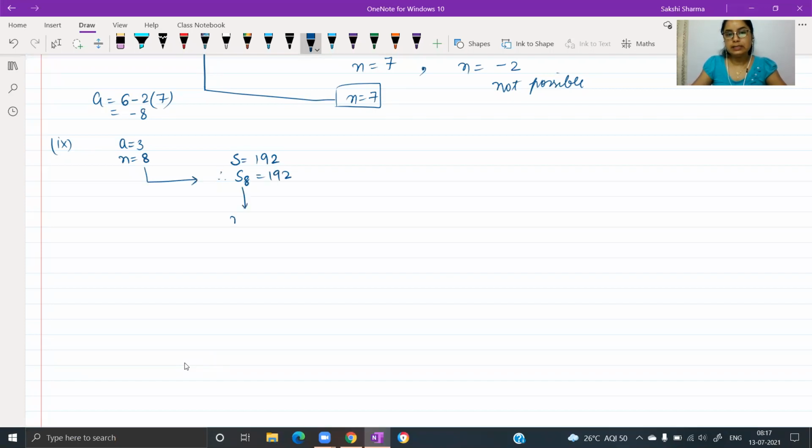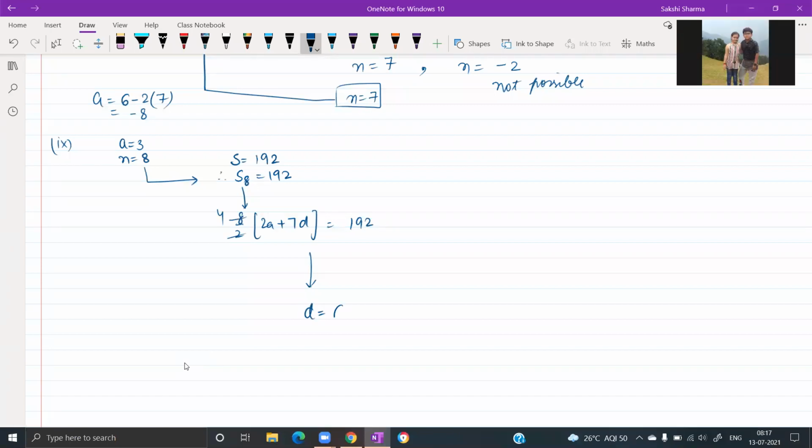Formula for S8. Solve and tell me what's the value for d. 6. d comes out to be 6.